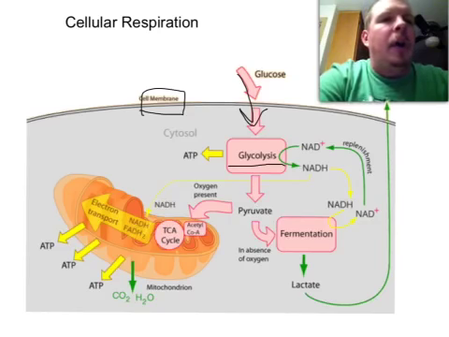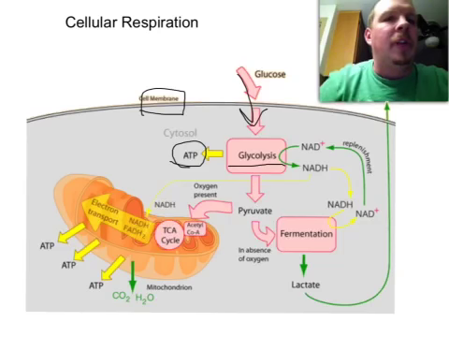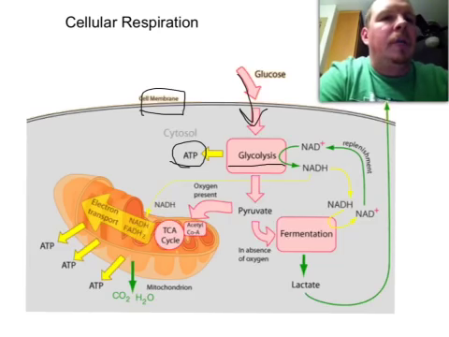All right, and in the process you get ATP. That is energy. That's what your cell needs to do work, is ATP. So you're taking glucose, which is food, and you're converting it into ATP, which is energy. If there is oxygen, so if you're breathing, then you've got oxygen in your body.